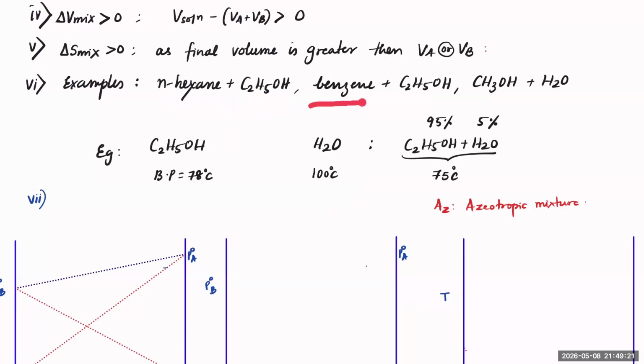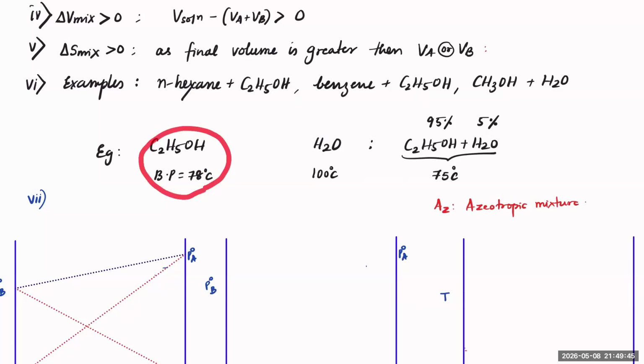Same logic, benzene plus ethanol. And you see water and methanol or ethanol also. Okay, got it. So if you take water as a solvent and you add ethanol into it, you will notice that the boiling point of water actually comes down. Boiling point of water is supposed to be 100 degrees.